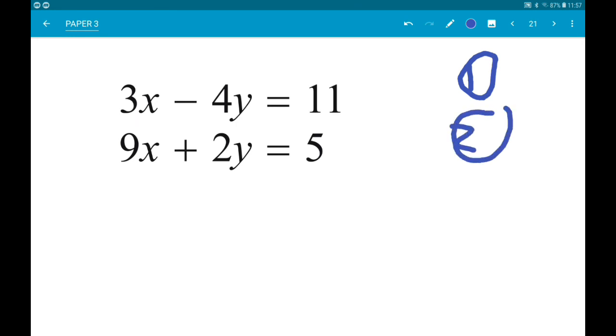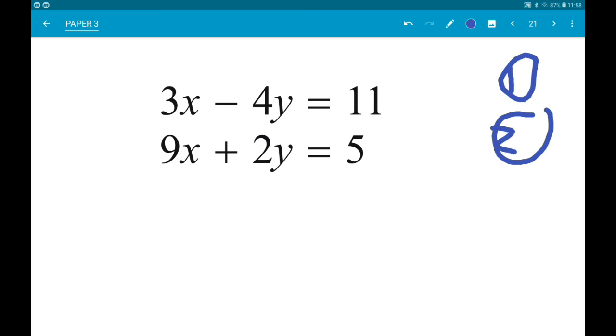Now what we need is 2 equations with the same amount of the same letter. So, I'm going to go for x's here. So to turn 3x into 9x, we need to multiply equation 1 by 3.